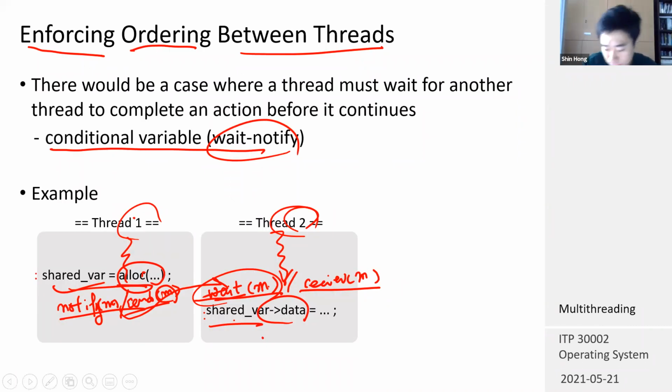So in today's lecture, I introduced you in a little more detail to the lock operation and how it can be implemented. I also briefly introduced a different synchronization mechanism, wait and notify, or the conditional variable.